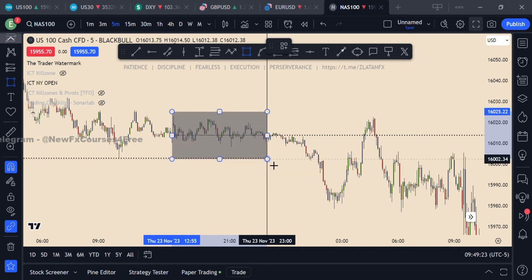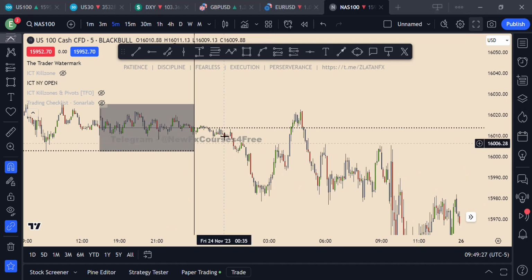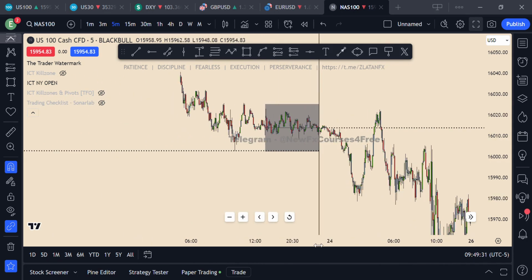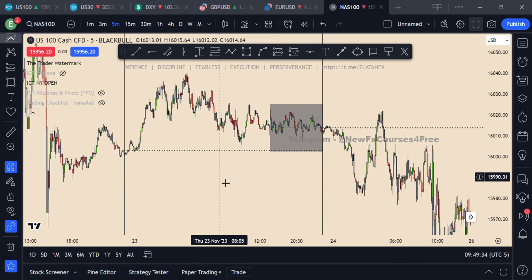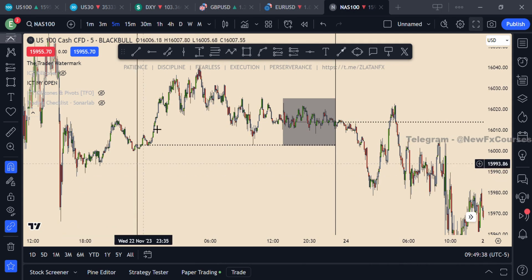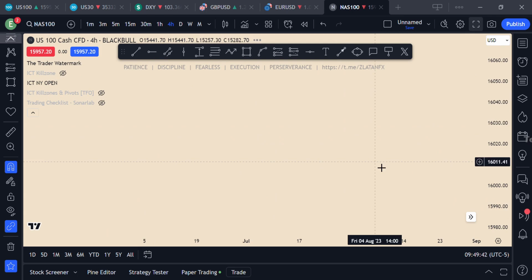Consolidated, and then we opened and we went lower, right? Now we took out this swing low right here. So let me check the firewall and know if we had a key level.